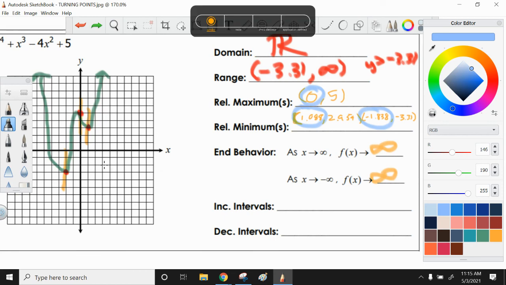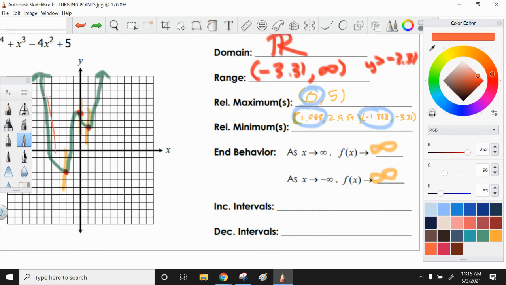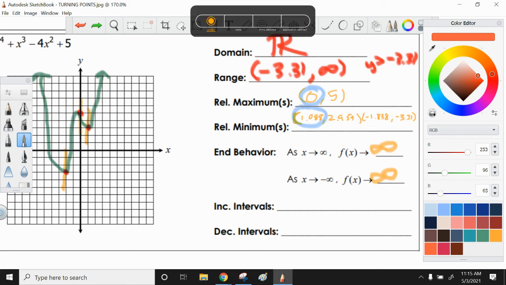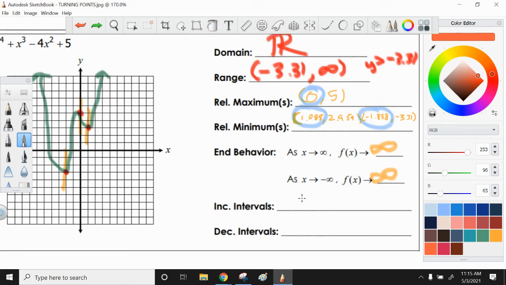And something that I like, especially when you're starting out, is to do this process of down, up, down, up. So I should have 2 downs, I should have 2 ups. And so I will start by writing my intervals, 2 ups, 2 downs.